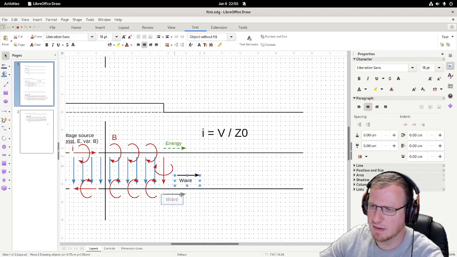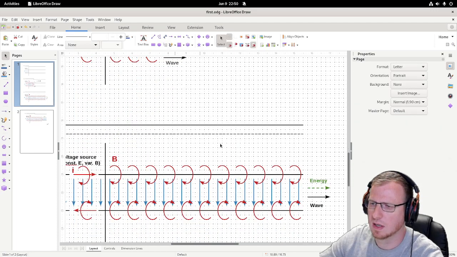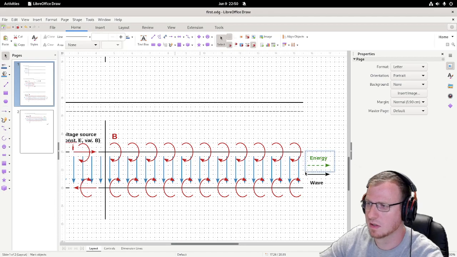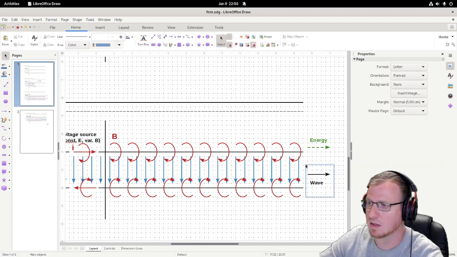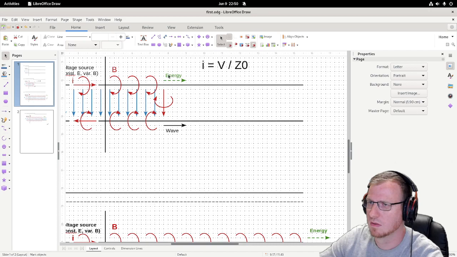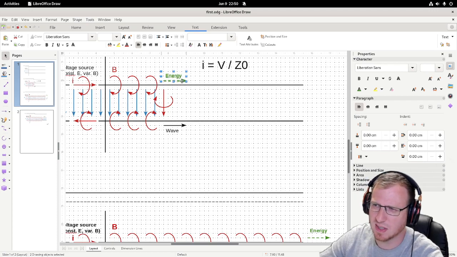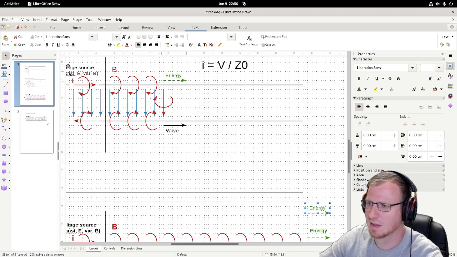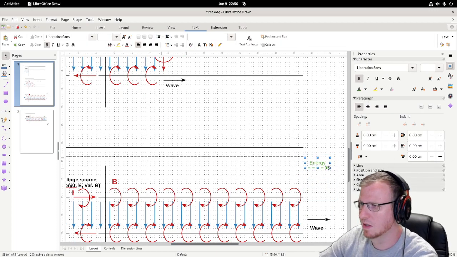So the wave is traveling into this direction. At first, it's moving to the right. I always need to make it perfect. It's very bad behavior.